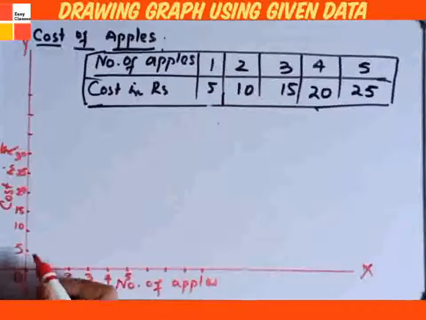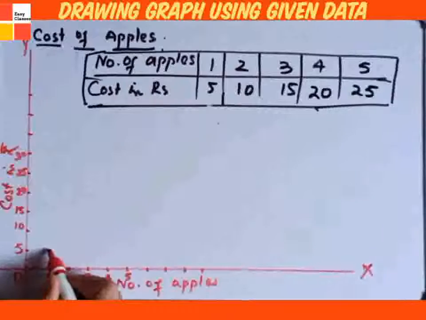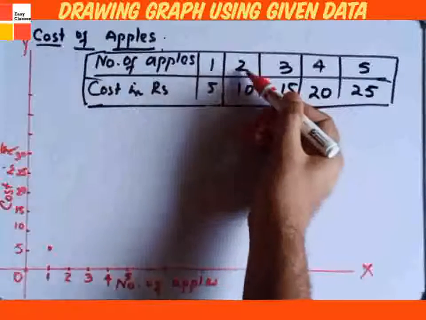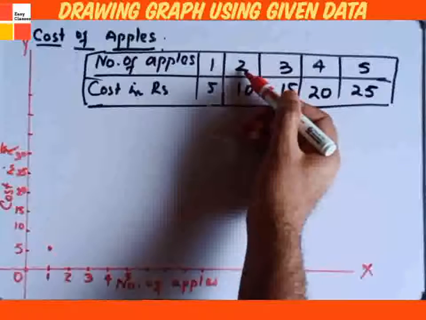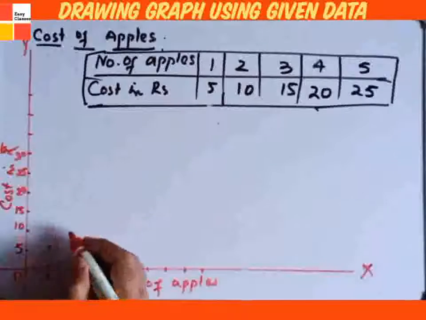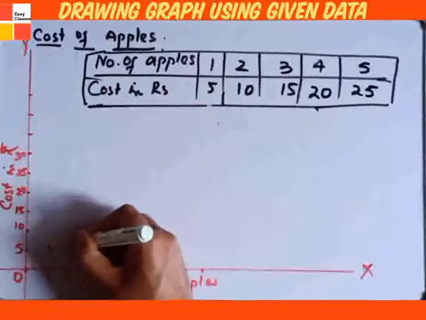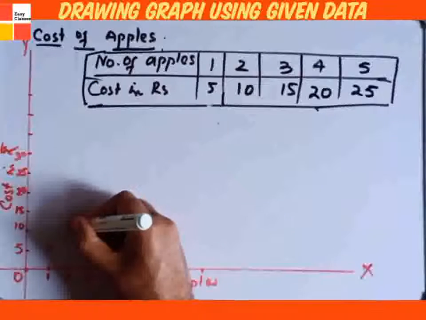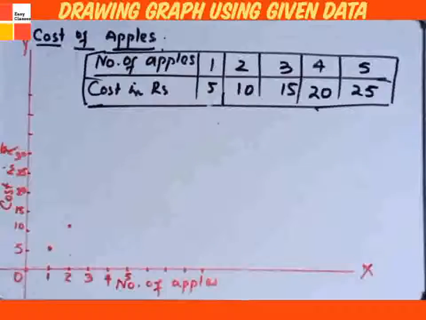So here is 5, that means some point will be somewhere here. Then in this case we have to move by 2 units, and upwards by 10 units, so here it will be 5, and then here it will be 10, right. You can check it with the help of a scale.